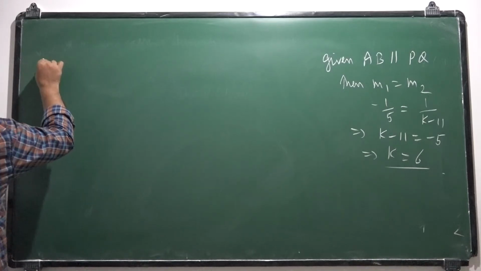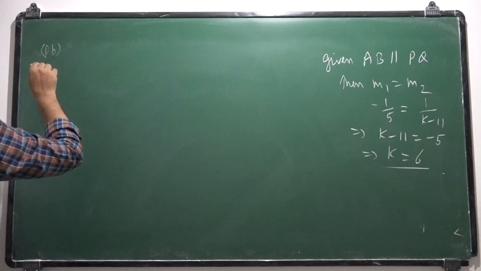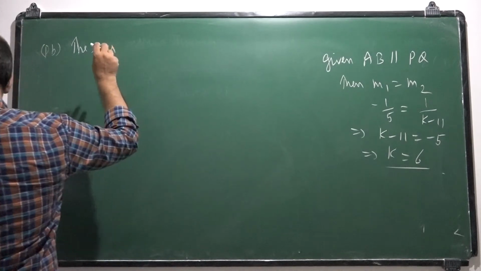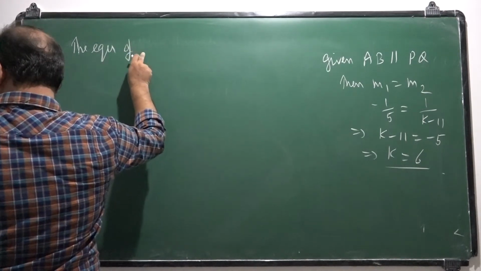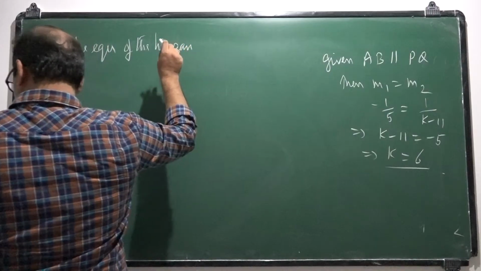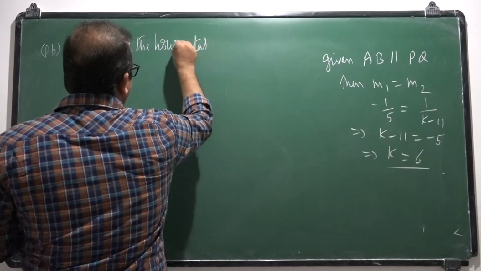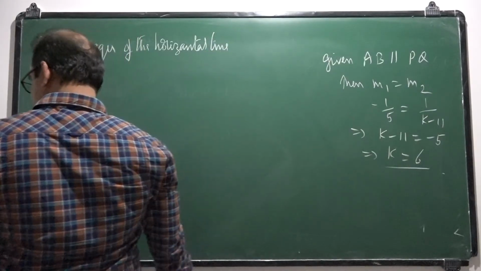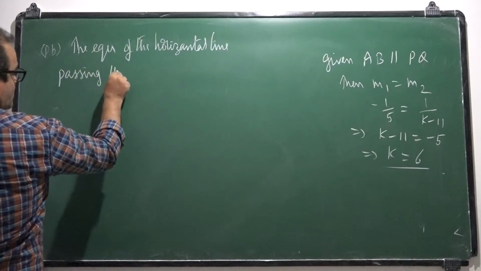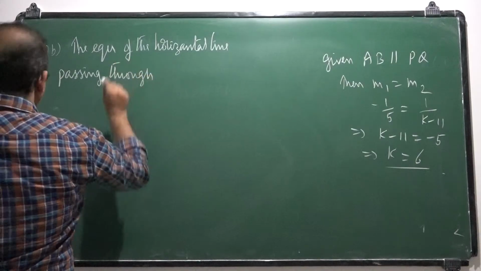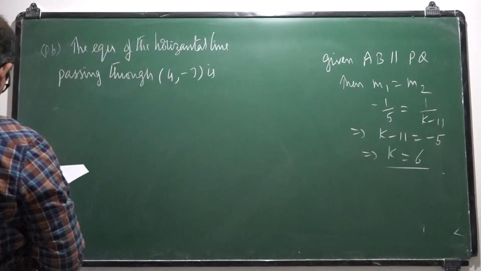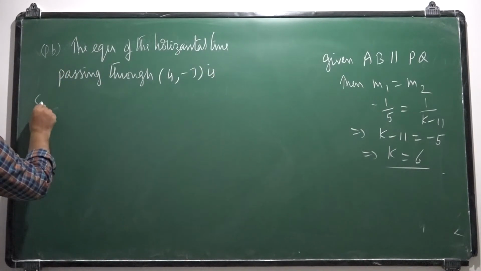Next, the equation of the horizontal line passing through the point (4, -7).